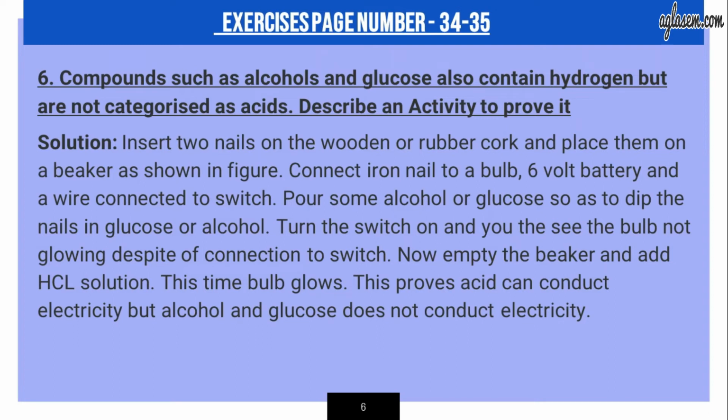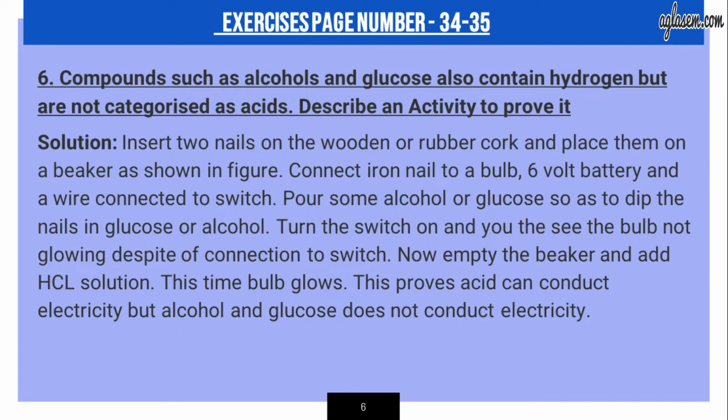Pour some alcohol or glucose so as to dip the nails in it. Turn the switch on and you see the bulb not glowing despite the connection. Now empty the beaker and add HCl solution. This time the bulb glows. This proves acid can conduct electricity but alcohol and glucose do not.